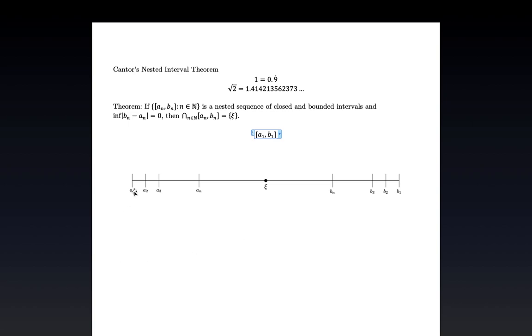Everything is happening inside A1 B1. What is there inside A1 B1? We have a superset of A2 B2. So A2 B2 is somewhere inside A1 B1. Here is your A2, here is your B2. So that is inside A1 B1.